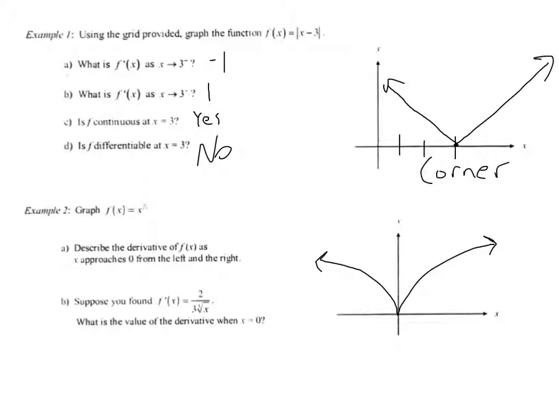So let's look at what happens as we approach from the left hand side. As we're coming like this, what are our slopes getting closer and closer to? We're going to write this in an informal notation. We might say as x approaches 0 from the left side, f prime will approach.